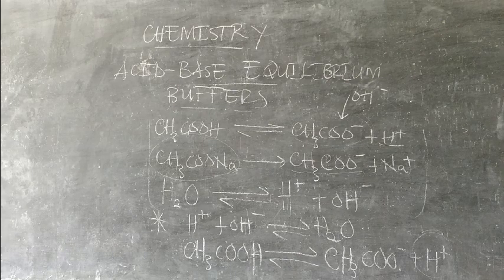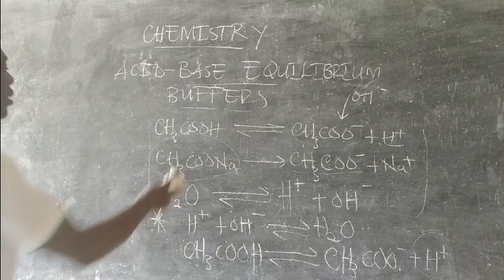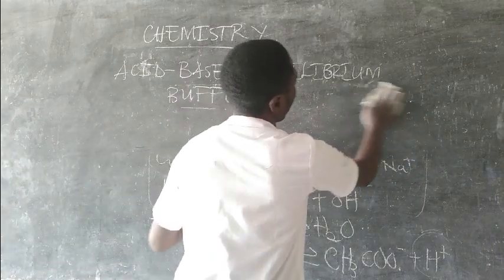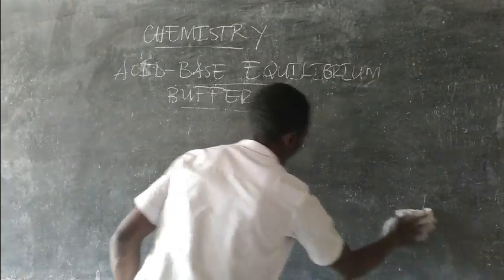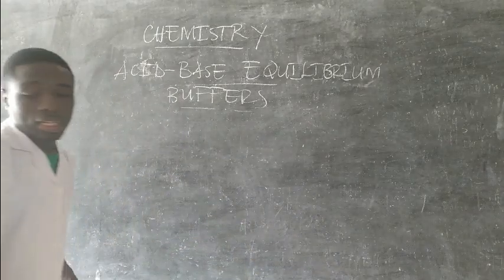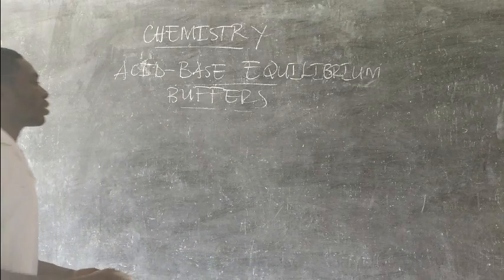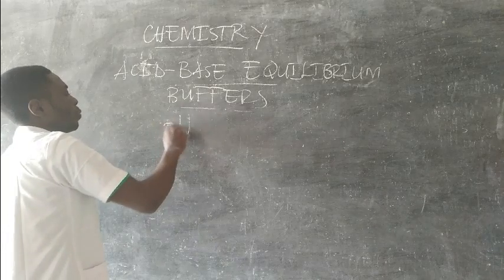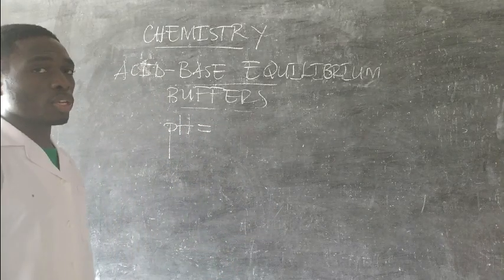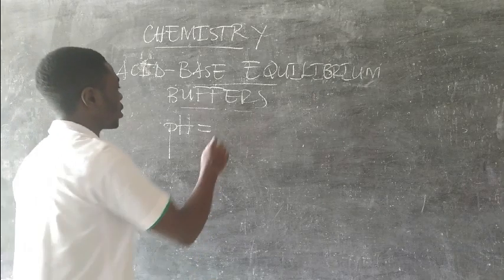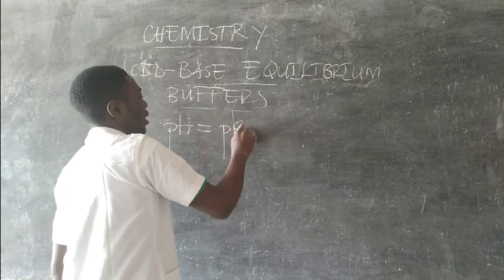After this, I'll just give you the formula to calculate the pH of a buffer. Now, when you have been given the acid and the salt, the pH of the buffer solution is calculated using the Henderson-Hasselbalch equation, which is written as pH equals pKa, which we already saw.